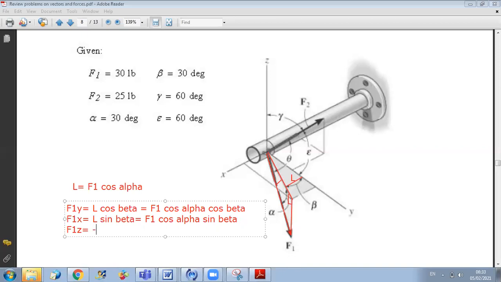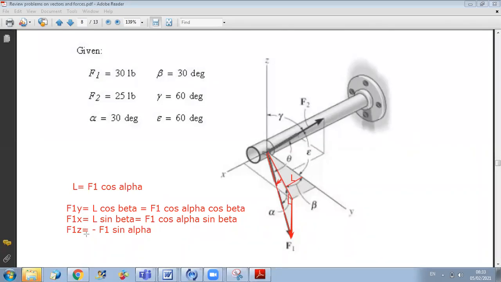Look at the figure: this length, F1z, you can find in this triangle, because this is alpha, so this edge is opposing the angle. To find this projection in magnitude, it's F1 sine alpha, and it's negative because it's pointing down. This is how I can find the components of F1 along X, Y, and Z.